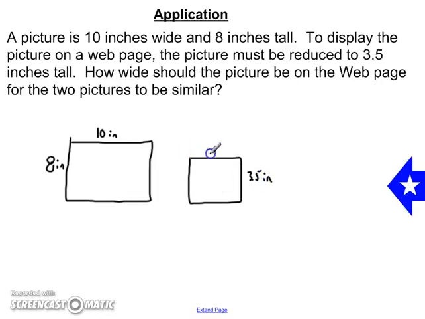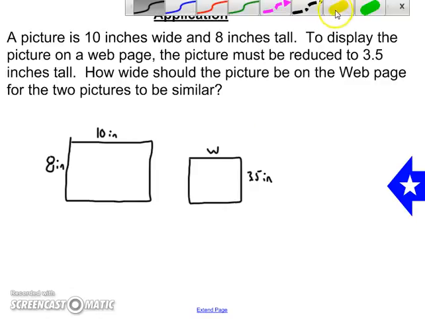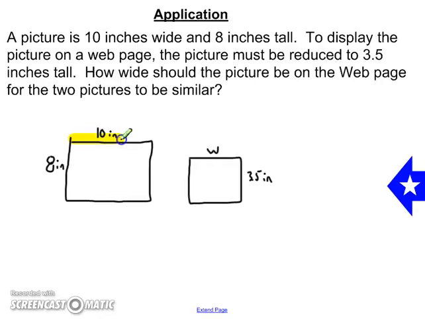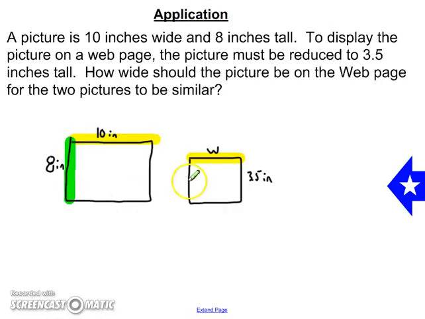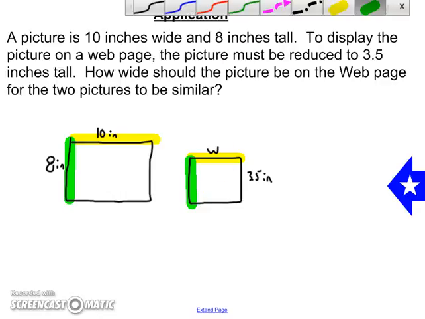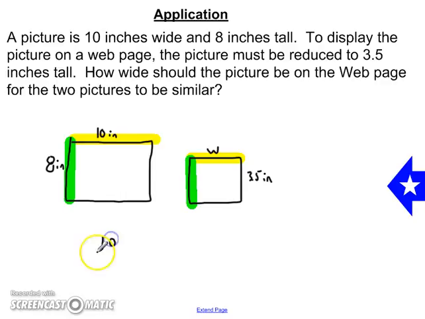We just don't know how wide it's going to be. So I'm going to set up my ratio of corresponding sides, and we have to realize the top corresponds to the top, the end corresponds to the end. It doesn't actually matter that I wrote the dimensions on different ends. We know it's a rectangle, so they're the same. So the top over the top, going left to right: 10 inches over W is equal to 8 over 3.5.